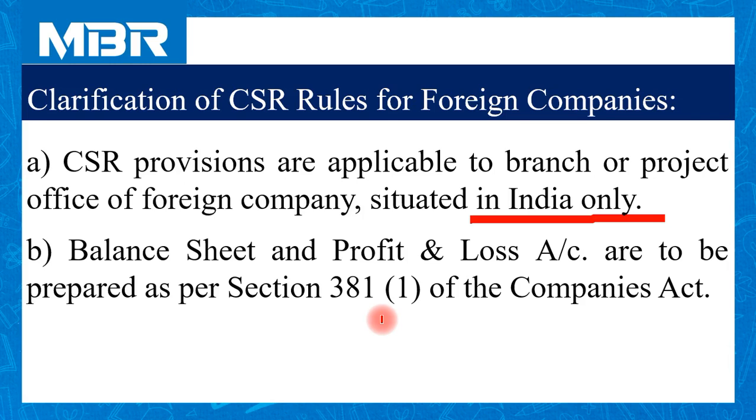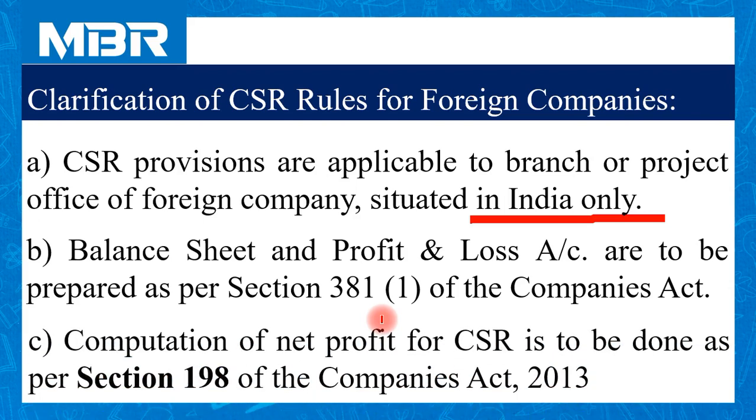In case of foreign companies, balance sheet and profit and loss account are to be prepared as per section 381, subsection 1 of the Companies Act. And last, computation of net profit for CSR is to be done as per section 198 of the Companies Act 2013.